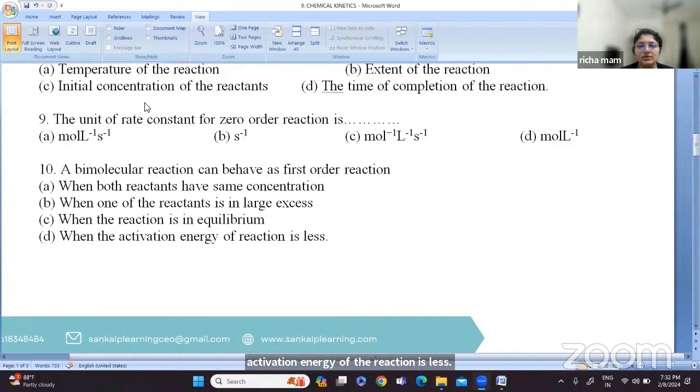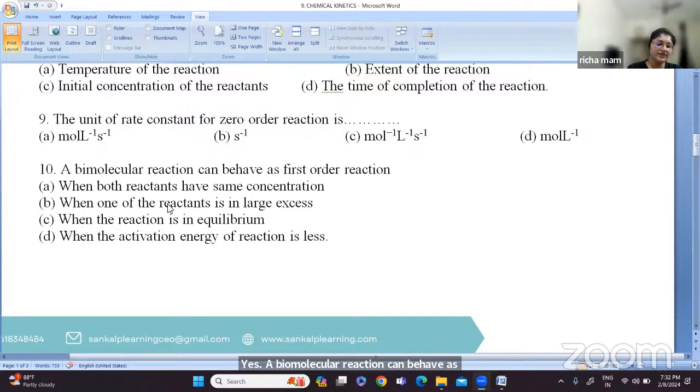AK has answered it as D. Dhanush has answered it as A. Vedvati has also answered it as A.